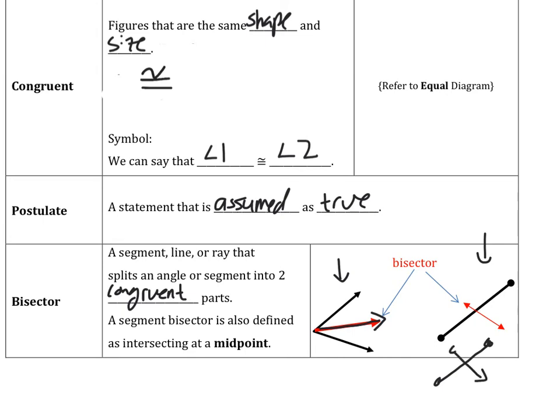It can be bisected by a ray, and it can also be bisected by a point. So a segment bisector is also defined as intersecting at a midpoint. So midpoint is just saying the middle, right? We want to think about the midpoint as the middle of a figure, right?